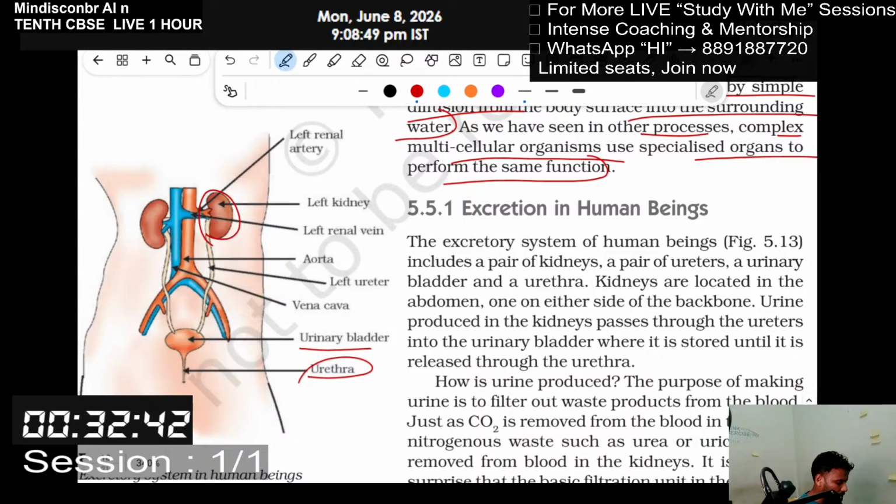This is the left kidney and this is the right kidney. Renal veins are there, left renal vein, renal artery. Vena cava is there, left ureter is there, aorta is there.